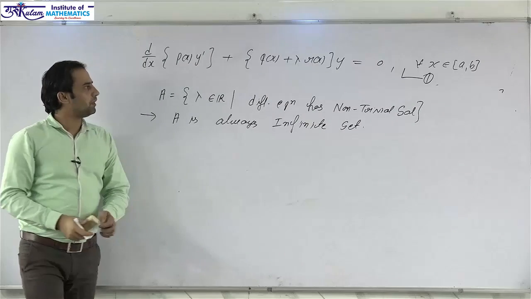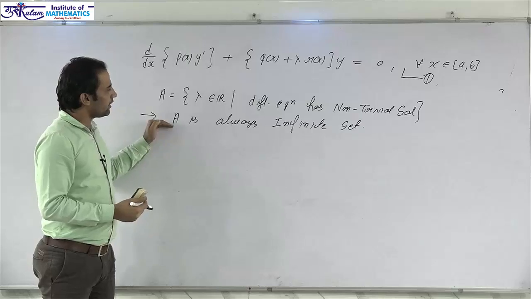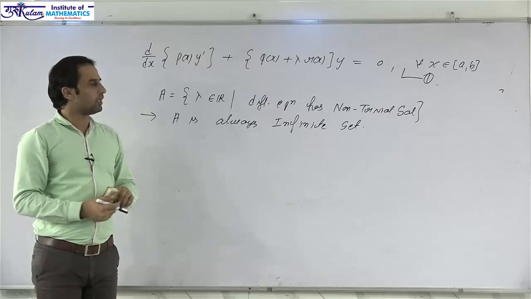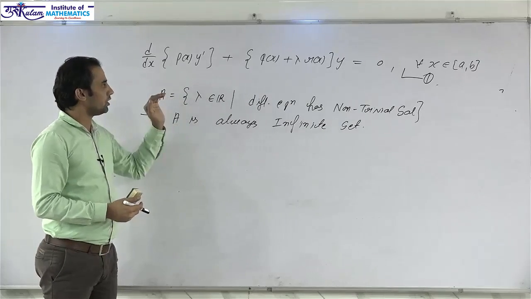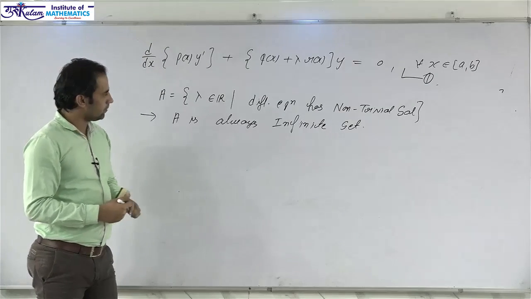That is, every regular or periodic boundary value problem has an infinite number of eigenvalues, or there exist infinitely many lambda belonging to R such that this differential equation has a non-trivial solution.